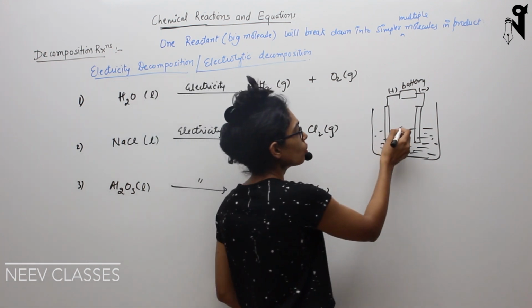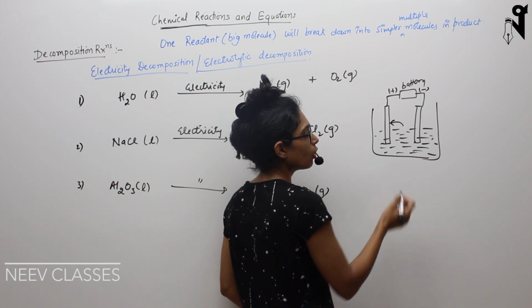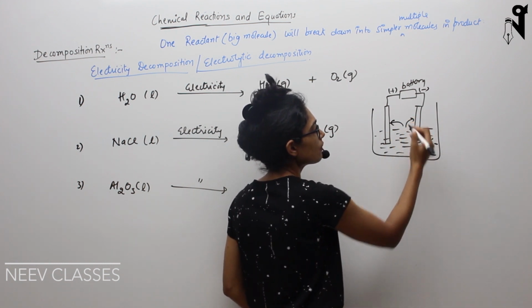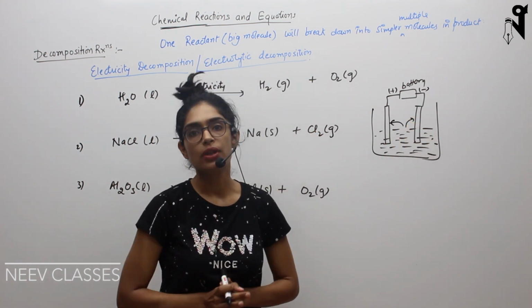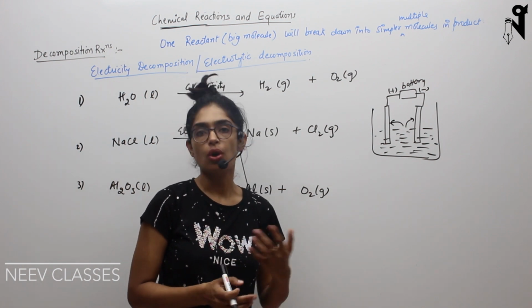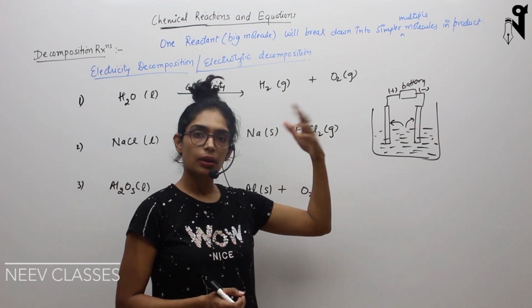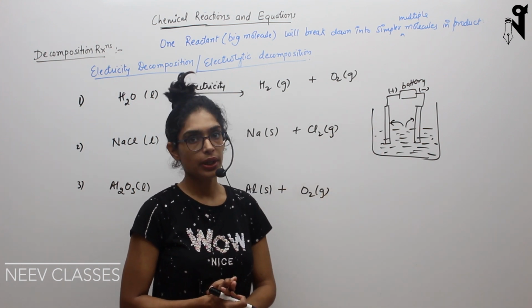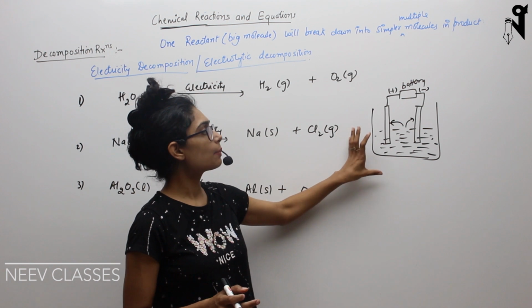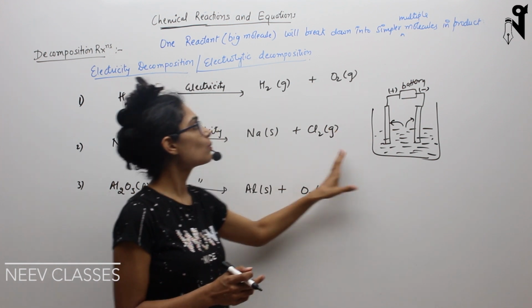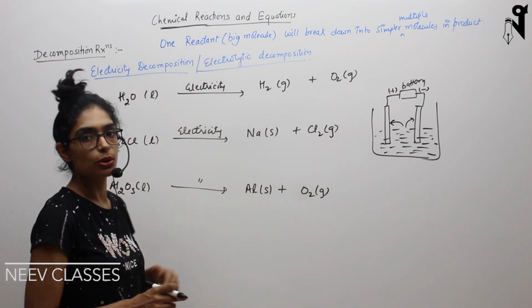Negatively charged particles go to the positive electrode, and the positive particles go to the negative electrode and get deposited there in the form of gas or solid. I hope you would have learned this in the previous classes also, right? So this setup is called the electrolysis setup, and this is what we use for electric decomposition.